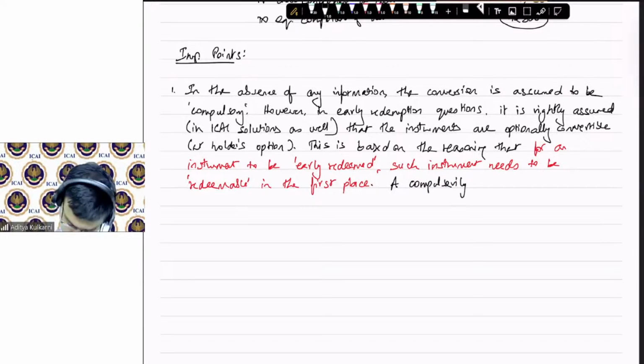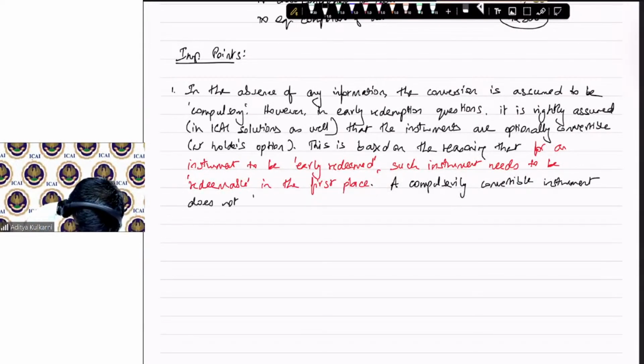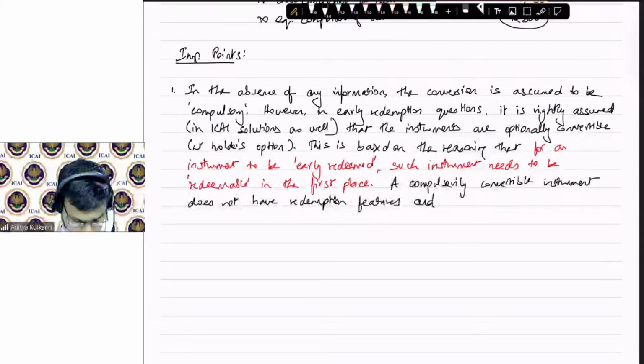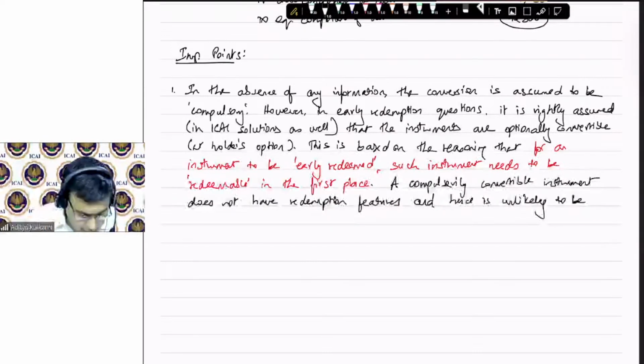A compulsorily convertible instrument does not have redemption features and hence is unlikely to be early redeemed.